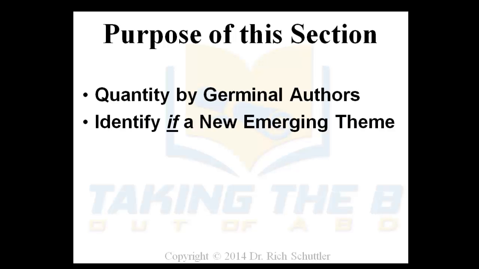This section of identifying where all the information came from and which one you're actually using is also used to identify if your study is something related to a new emerging theme. There are many people who do cutting-edge research on topics that are just emerging, and therefore there is not a lot of literature that they can use to ground their work in.